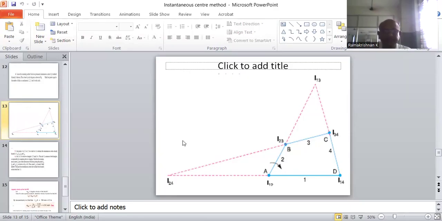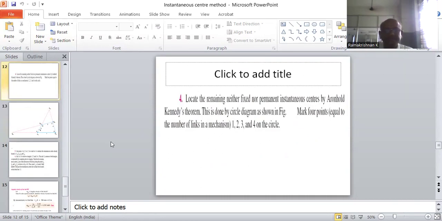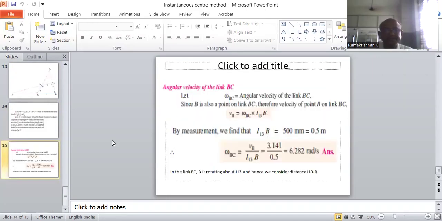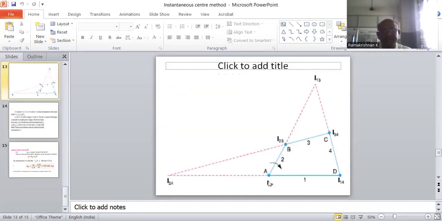Next, the part is to determine the angular velocity of the link BC. The link AD is fixed, and from the link AB, the velocity of B is determined by using the formula R omega.